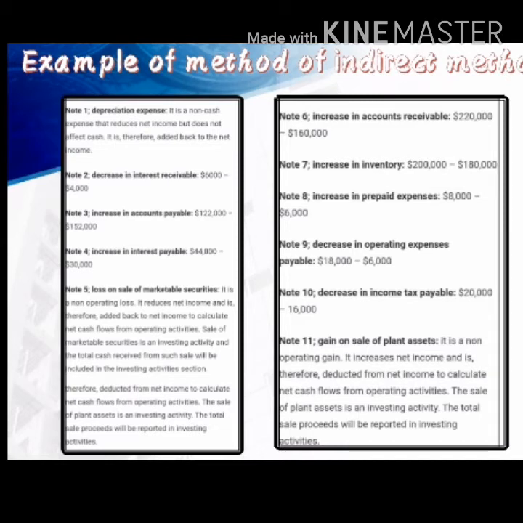Sale of the marketable securities is an investing activity because marketable securities are considered as the purchases or the sales of assets. And also, marketable securities are the financial assets that can be sold or converted to cash within the year.